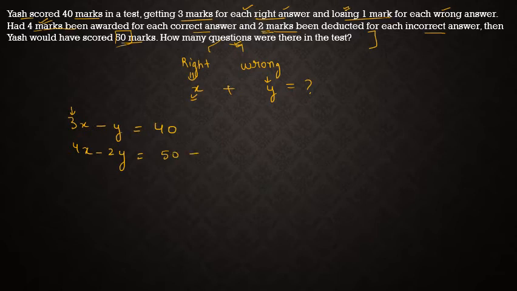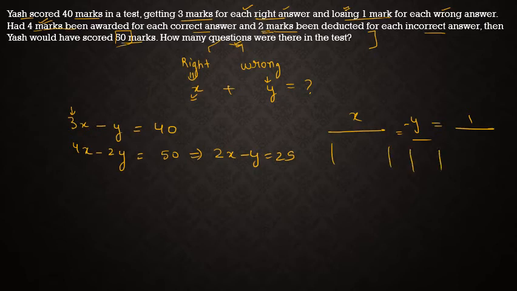This can be simplified also if you divide the whole equation by 2. So 2x minus y equals 25, right? So this is your equation. Now in cross multiplication, you write it this way, right? And then in the denominator you write a1, sorry, this is x, right? So you have to hide x.